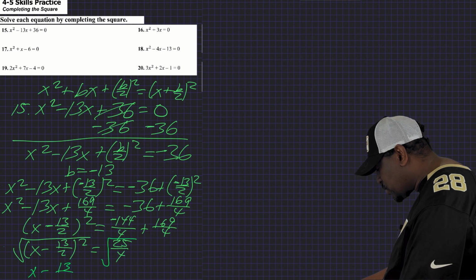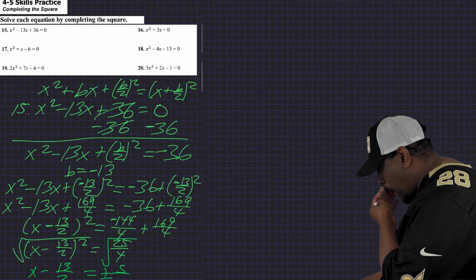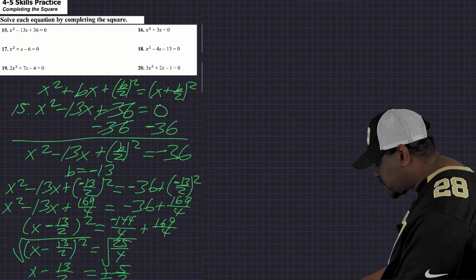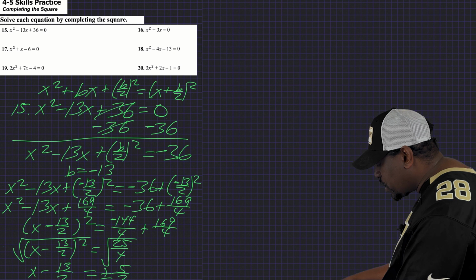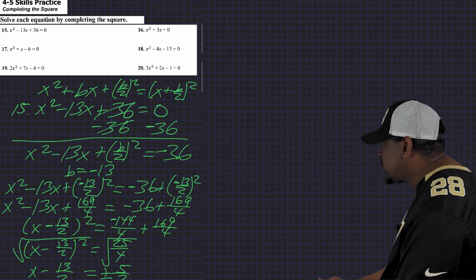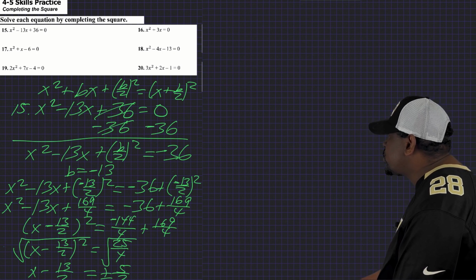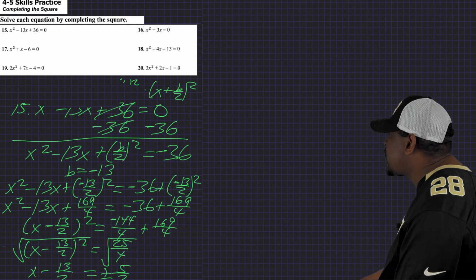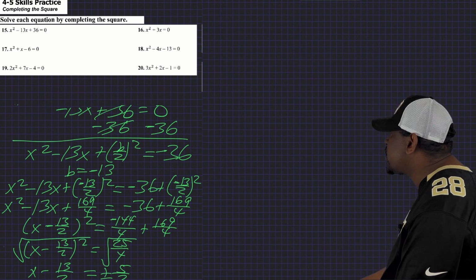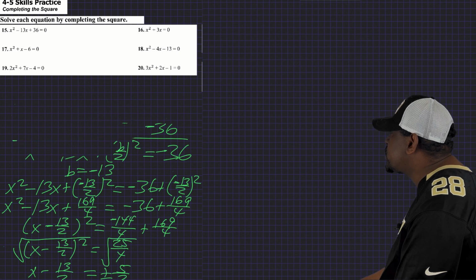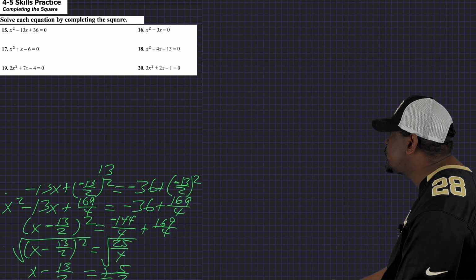So we take the square root of both sides. And when you do that, you will get plus or minus the square root of 25, which is 5, over the square root of 4, which is 2, so that will be plus or minus 5 halves. So now we're going to erase so that we can have room to finish our work.